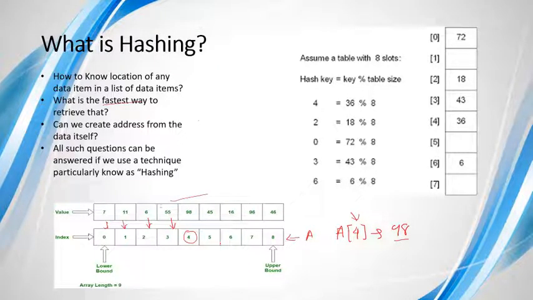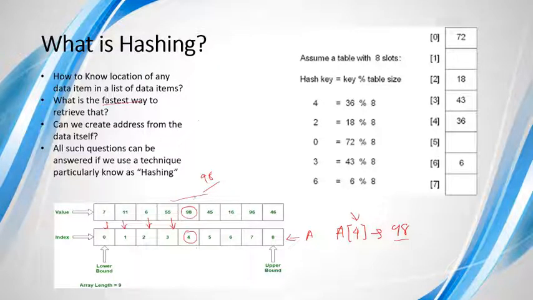But one problem is that to access this element, we have to know its location beforehand. There's no way we can get the idea of whether item 98 is in the list or not, or whether this element has the location 4.